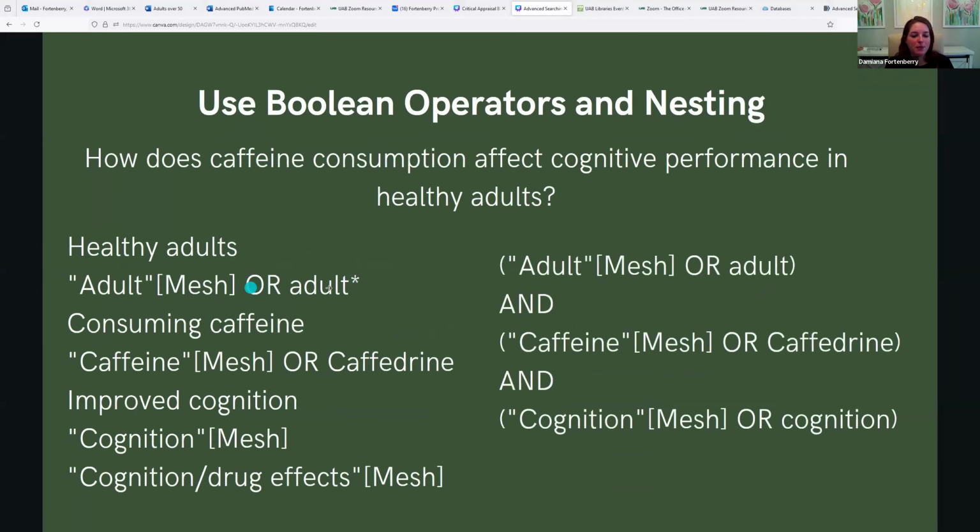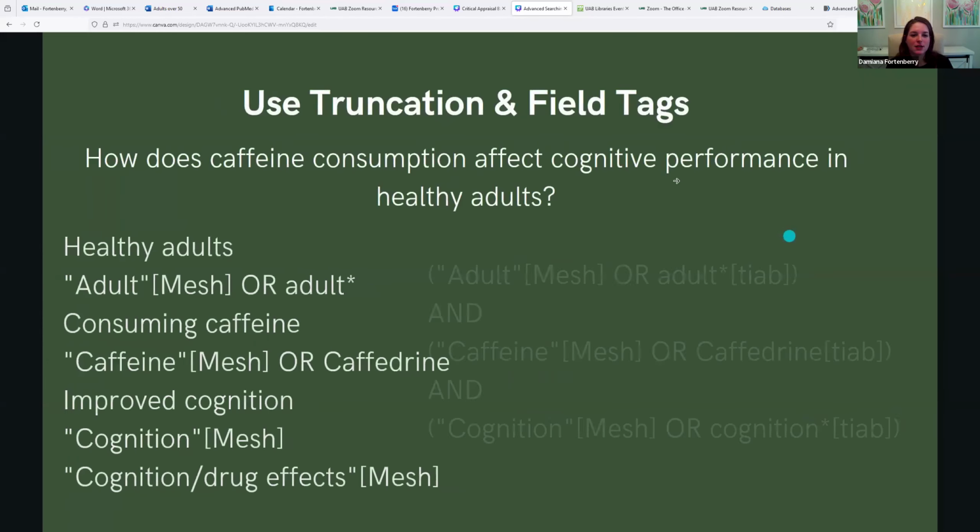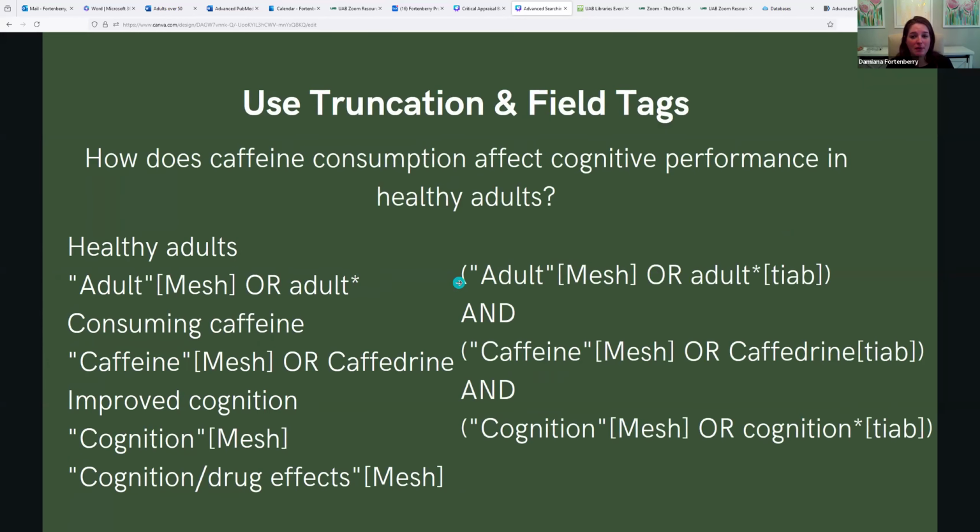So next I made sure my Boolean operators were correct. So OR between each word and MeSH term that describes one idea, connecting them with AND. I made sure my truncation and my field tags were what I wanted them to be. These can always change again. You can just do adult truncated so that it's like, I want adult and adults.